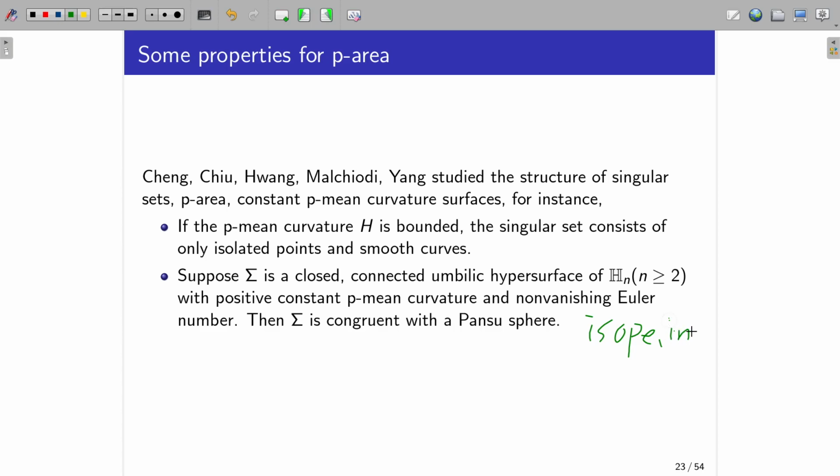The conjecture states that if equality holds, the surface must be a Pansu sphere. As far as I know, the result is still open. But the Pansu sphere is kind of important in this geometry.